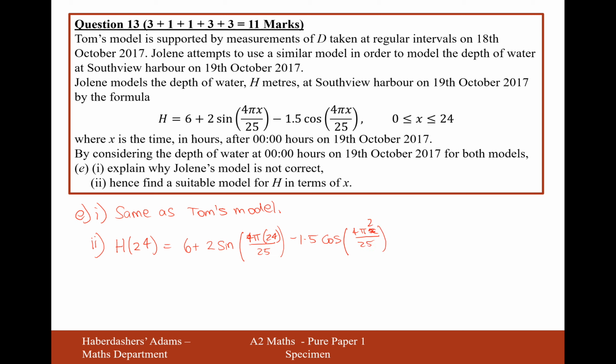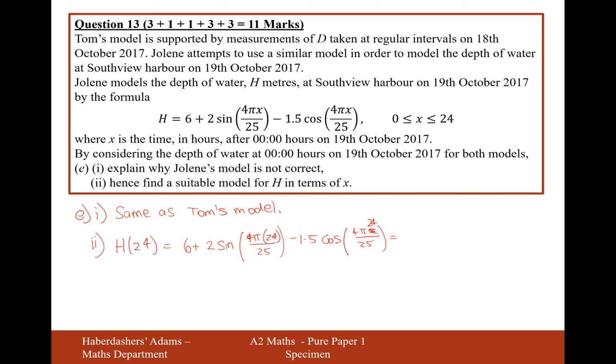Whoops, not x, we need to type in 24 at that point. So when we type in 24, it's going to be 6 plus 2.5 times sine of 4 pi times 24 divided by 25, and then minus 0.6435.